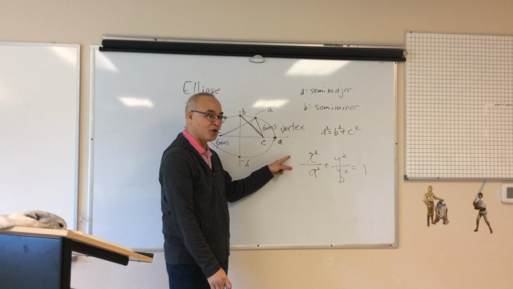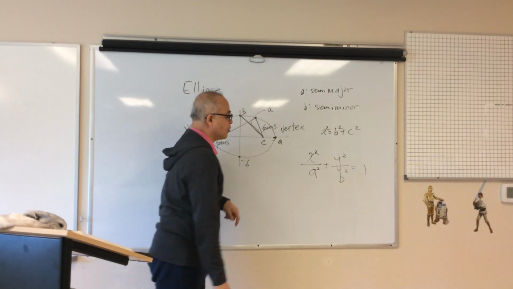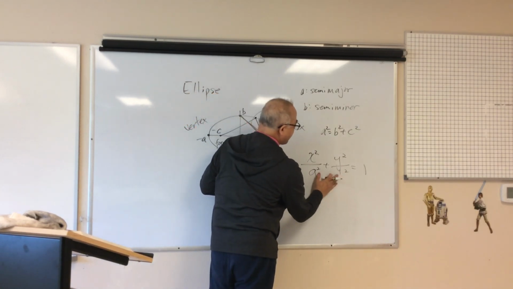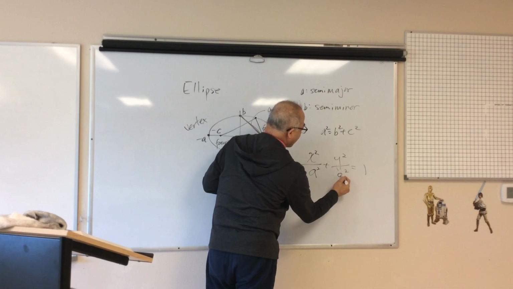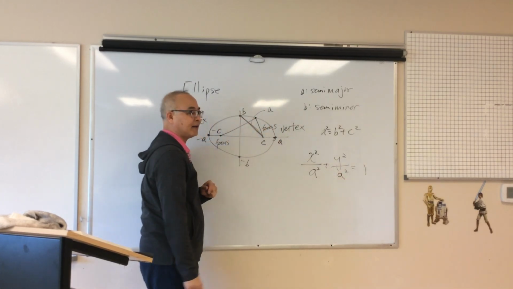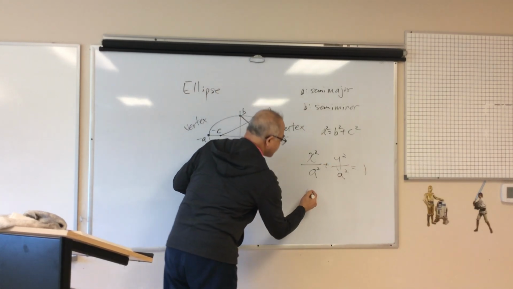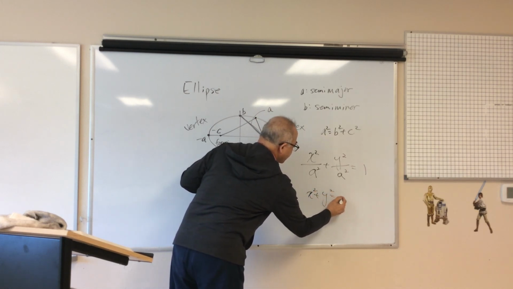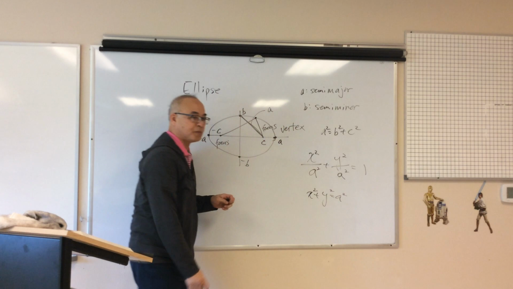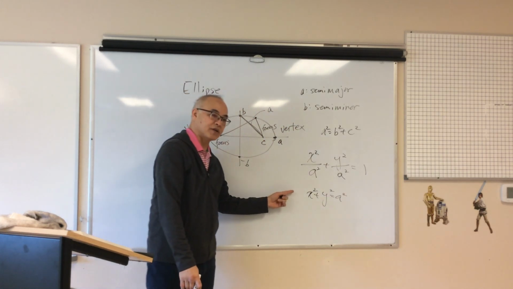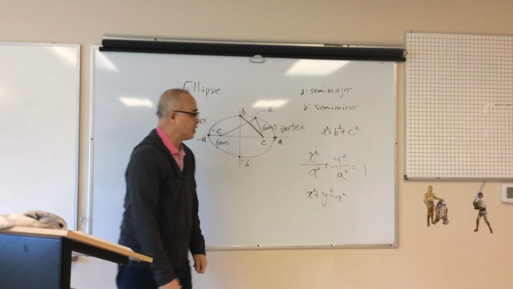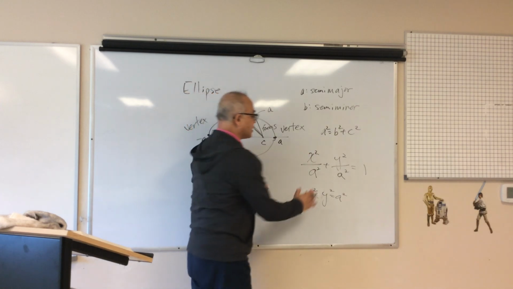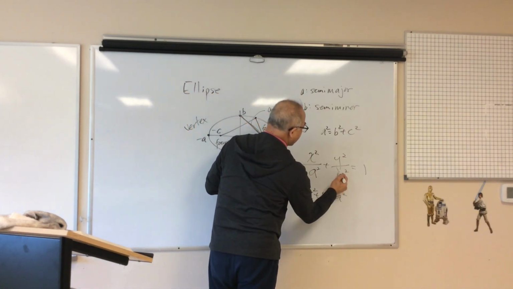This looks almost like a circle. In other words, if I had something that looked like that, then I can multiply both sides by A squared. Now we get x squared plus y squared is equal to A squared, which just happens to be an equation for the circle. So for you to think that that looks pretty close to something is correct.